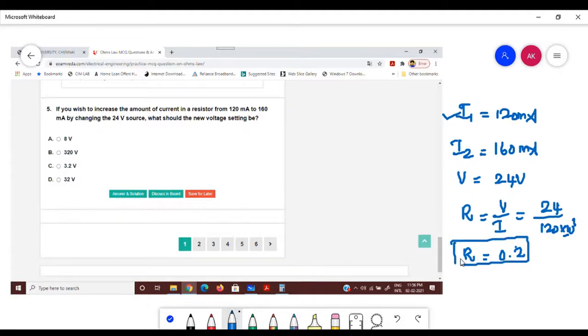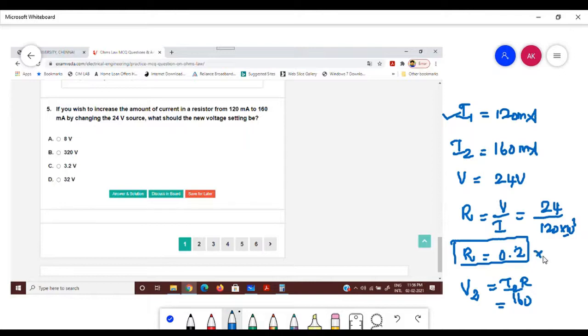Now substitute this value of resistance with the next value, I2, which is 160 milliamps. To find the next voltage, V is equal to I into R, so I2 into the resistance value.